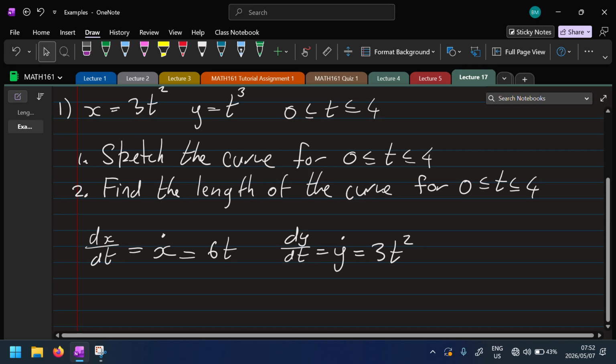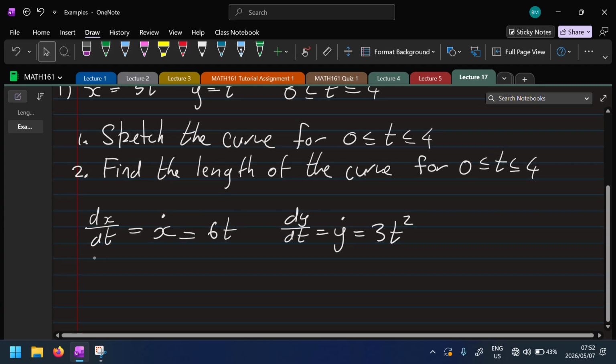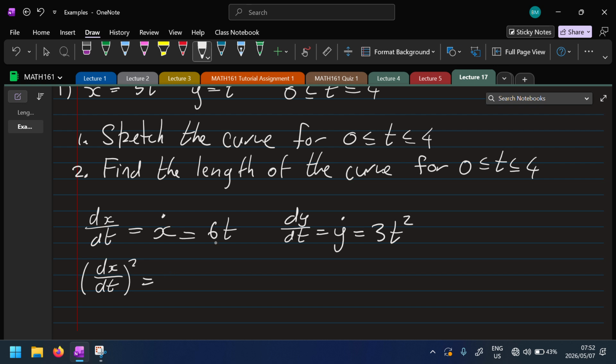But to work out the speed, we need dx by dt squared and dy by dt squared, right? For the length of the vector. So let's work out what that's going to be. Okay. And then dy by dt squared. Yeah. So we have that.